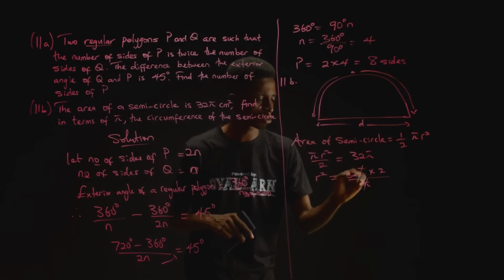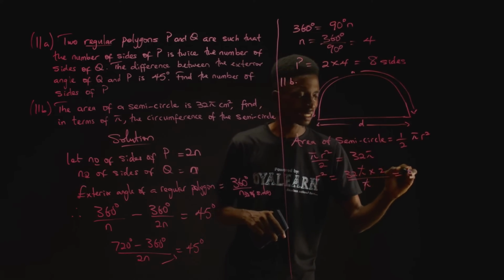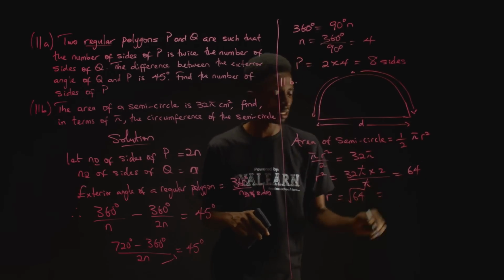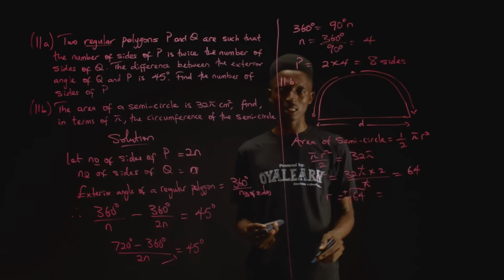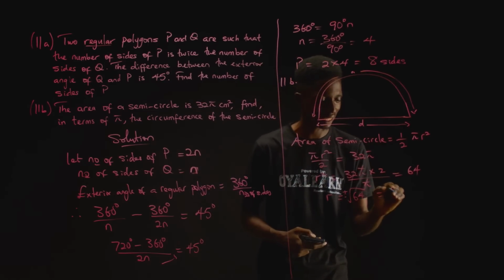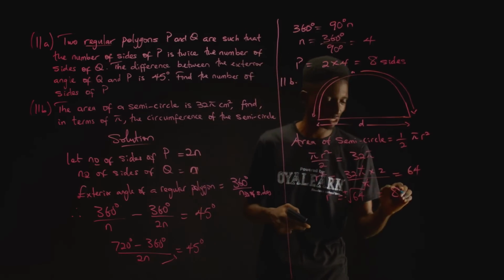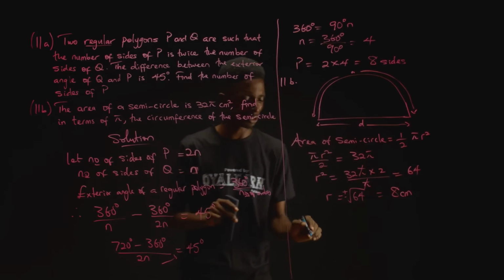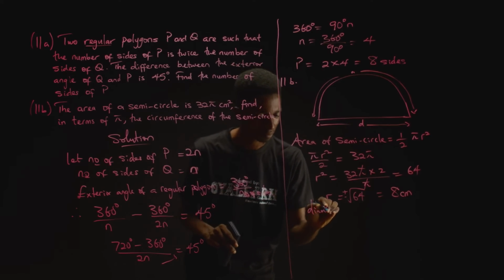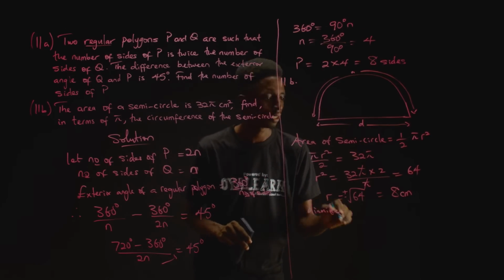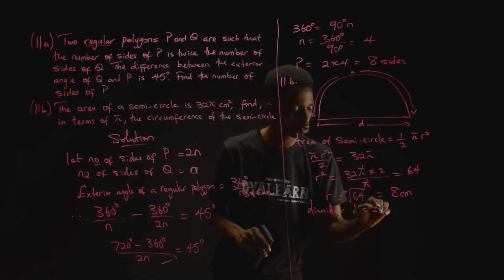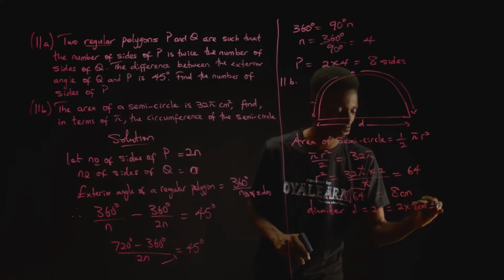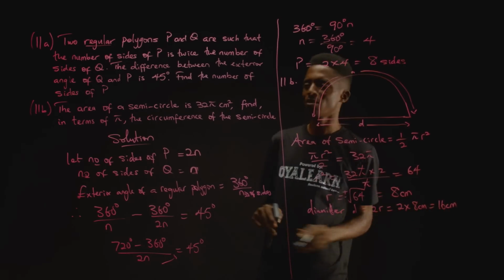Pi cancels pi and r squared gives us 64, which implies that r equals the square root of 64, which is, of course, plus or minus, but we're going to take the positive part, so we have 8. Since it's in centimeters, this will be centimeters as well. Now we have our radius and diameter. D equals 2r, so that is 2 multiplied by 8 centimeters, which gives us 16 centimeters.